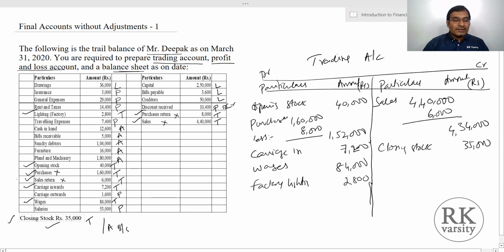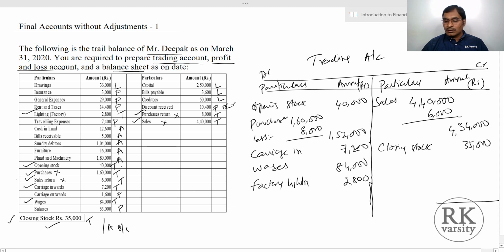Now we look at whether all the items of the trading account are posted or not. Sales, yes. Sales returns, yes. Purchase returns, yes. Factory lighting, yes. Then you have opening stock, okay, done. Purchases, right. Carriage inwards, and wages, and closing stock. So we posted all the items.